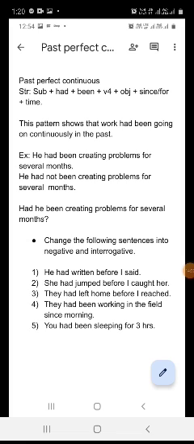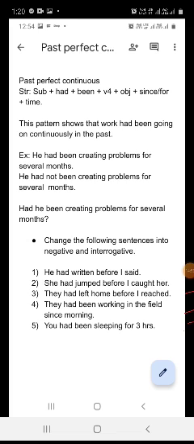He had been creating problems for several months. वो कई महीनों से परेशानी क्रिएट कर रहा था. Negative: He had not been creating problems for several months. वो कई महीनों से परेशानी क्रिएट नहीं कर रहा था.